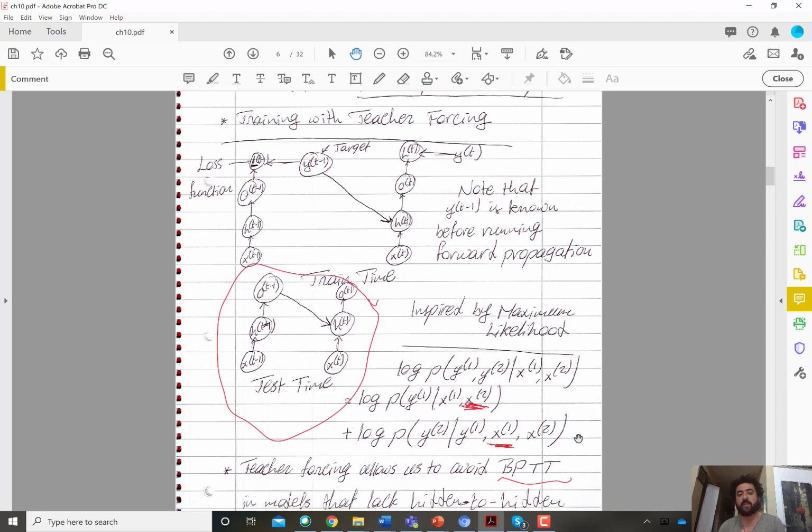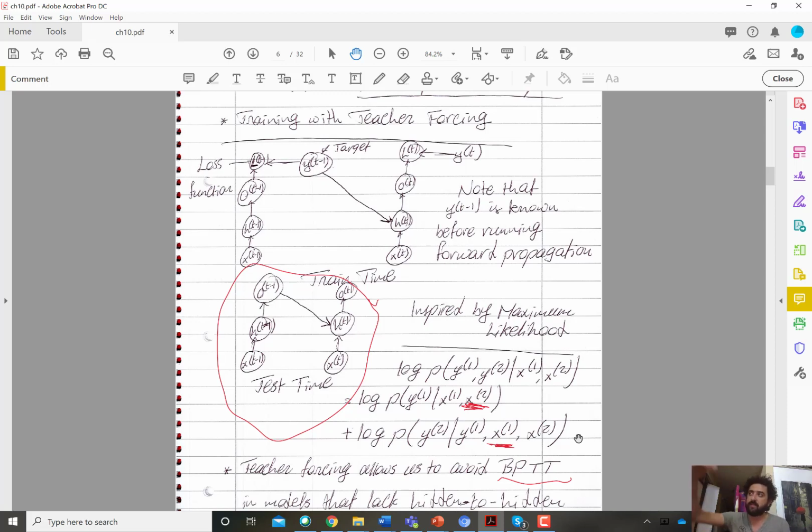So training with teacher forcing approaches maximum likelihood, but it's not exact. To be exact, you need the causality assumption, and you need the assumption that the training label at a given time step is actually a sufficient statistic or a sufficient summary of information about the previous inputs, with respect to future prediction, right?